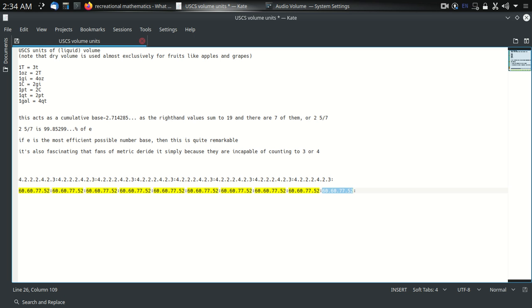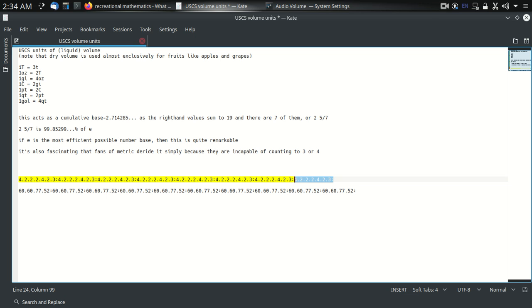So that's why I like this one personally. But it's interesting that this efficiency argument actually brings us to something that is exceptionally close to the United States customary system of units for liquid volume.